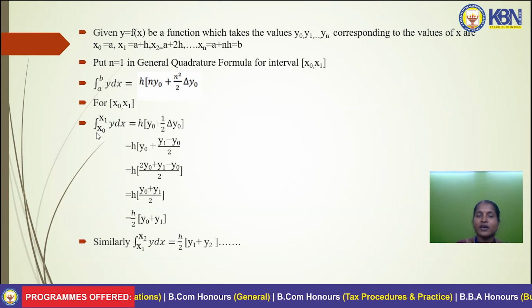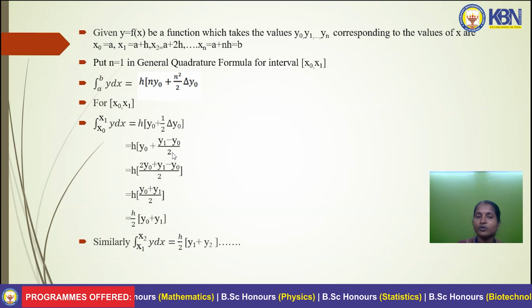So the integral from x0 to x1 of y dx is equal to h into y0 plus n square, that is 1 square, that is 1 by 2 into delta y0. Delta is called the forward difference operator, so we can write delta y0 as y1 minus y0.